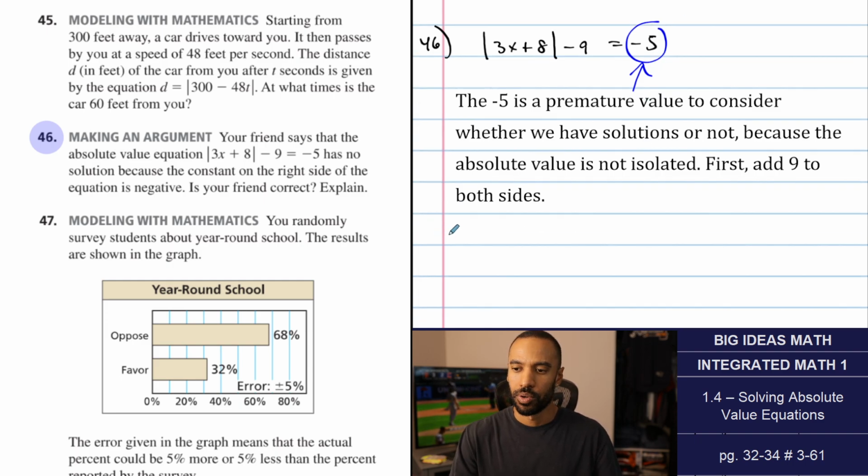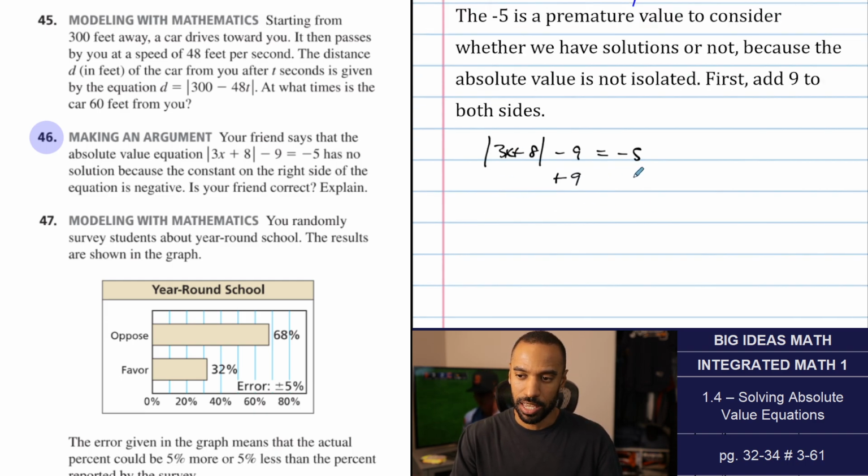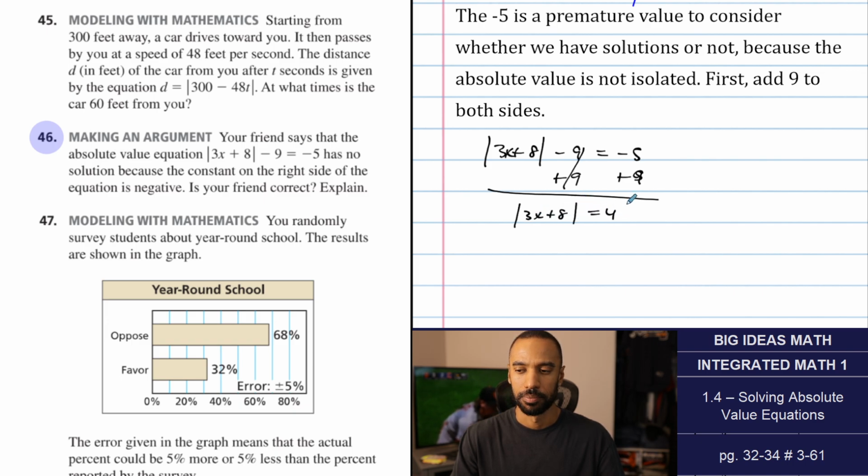So, if we do absolute value of 3x plus 8 minus 9 equals -5, and then we add 9 to both sides, suddenly -5 plus 9, look, if it was still negative, then okay. But this turns into positive 4.